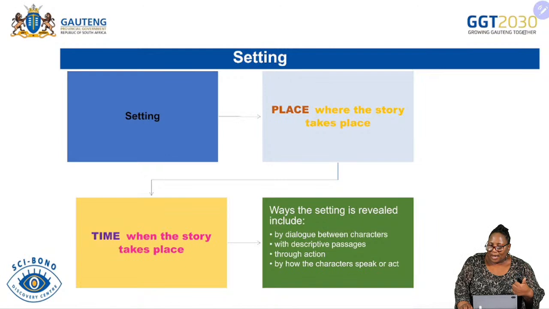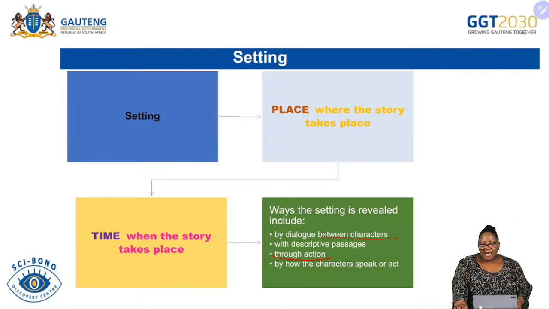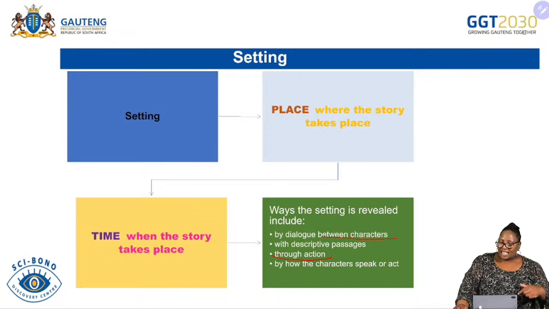It's revealed by the dialogue between characters. It's revealed by descriptive passages. It's revealed through action. And it is also revealed by how the characters speak or act, and then you can determine your setting.